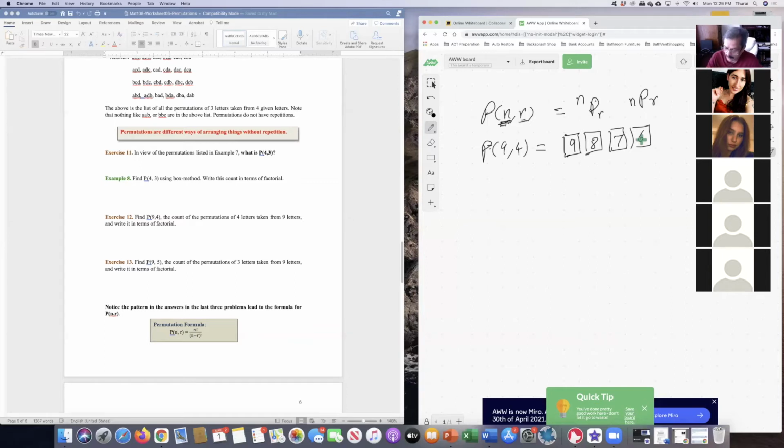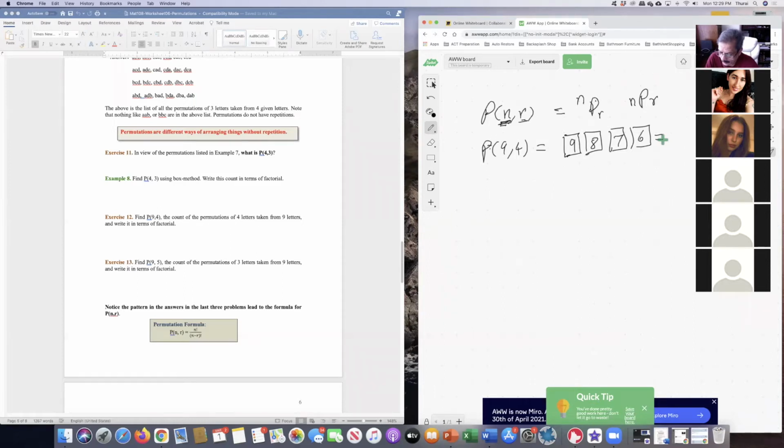But today, we are going to learn how to derive our formula from these. So therefore, I'm going to ask you to write these answers as these products. We learned how to write these products in terms of factorial. Can somebody tell me what this is in terms of factorial? We can write a product of numbers as a division of factorials.